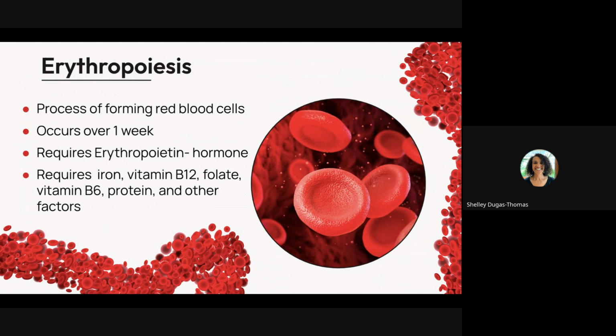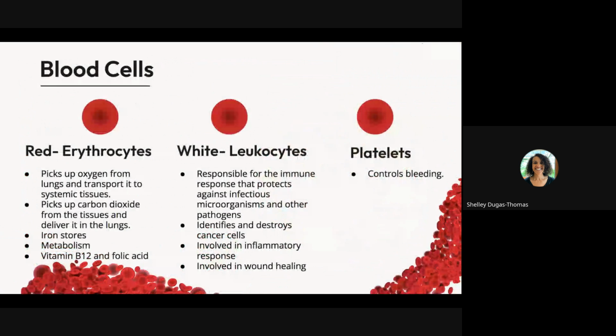This process takes about 1 week and requires adequate iron, vitamin B12, folate, vitamin B6, protein, and other nutrients. A deficiency in any of these can reduce red blood cell production and lead to anemia. And we'll talk about that further because we're going to talk about B12, folate, anemia.